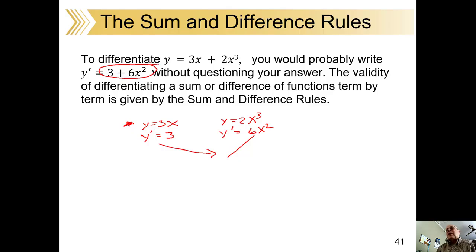Very simple. Just do each one separately, and whatever the sign is between them, you just keep that sign. This becomes the 3. This becomes the 6x squared, and you got your y prime. That's it.